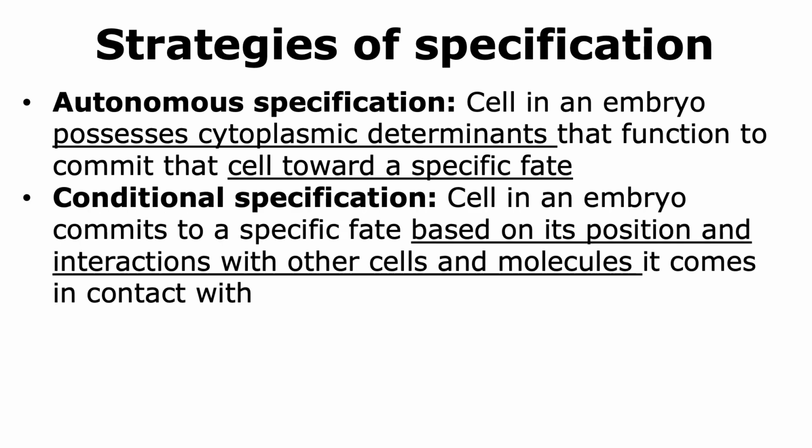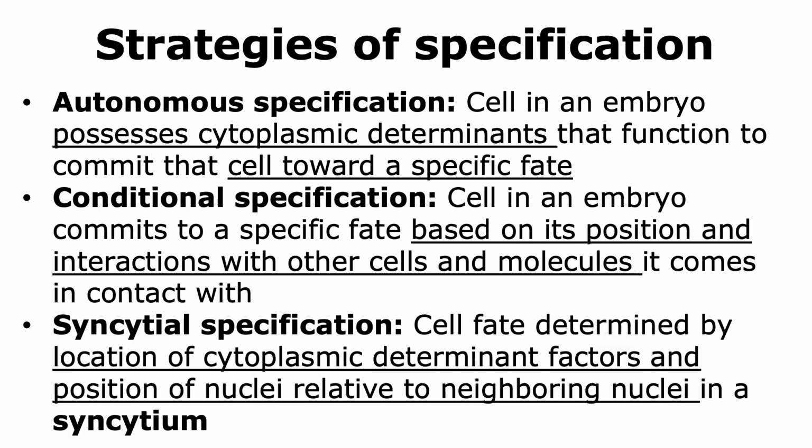Another type of specification is called conditional specification. In this case, the cell in the embryo is able to commit to a specific fate based on cues that it gets from its environment. Thus, its fate depends on its position and interactions with the other neighboring cells and molecules that it comes in contact with.